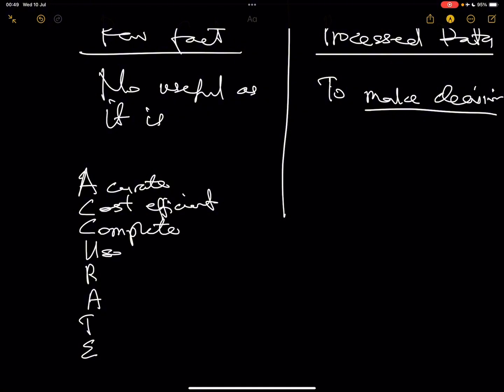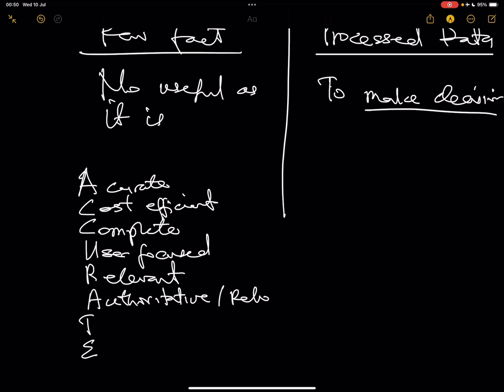And also user focused, almost the same thing as relevant. Likewise, it must be authoritative, which means it must be able to command reasonable meaning. And it must be relevant and reliable. This is more like reliability.